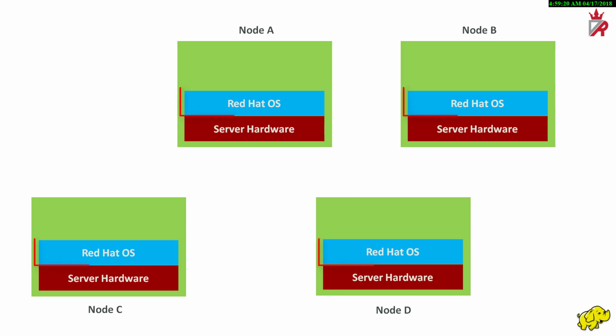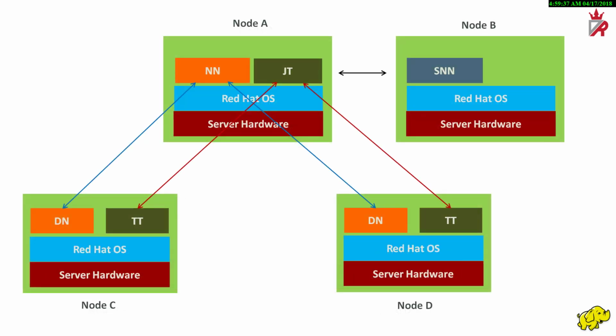Each node has its own operating system, and let us assume it is Red Hat in our case. These operating systems cater to the needs of their respective systems on which they are installed. Now, we have installed Hadoop on this cluster of nodes. On installing Hadoop, various software components or processes of Hadoop start running on the nodes.